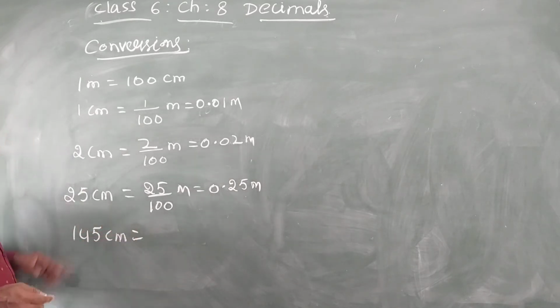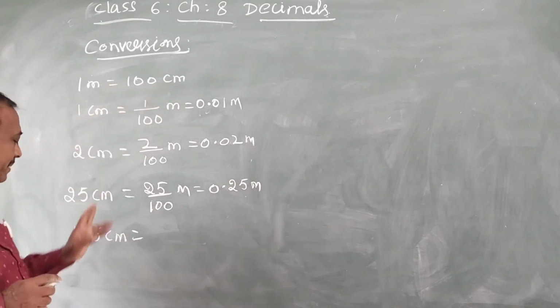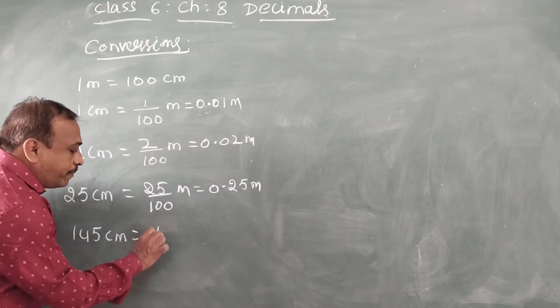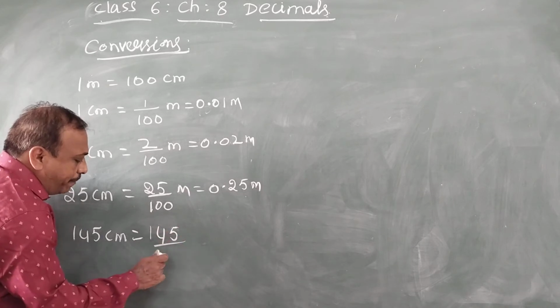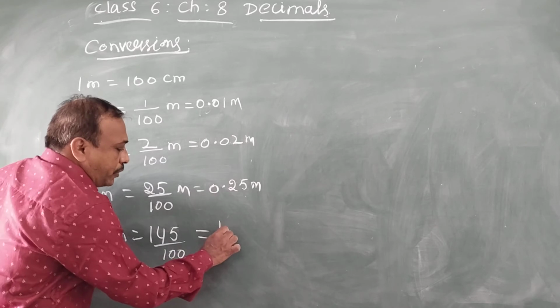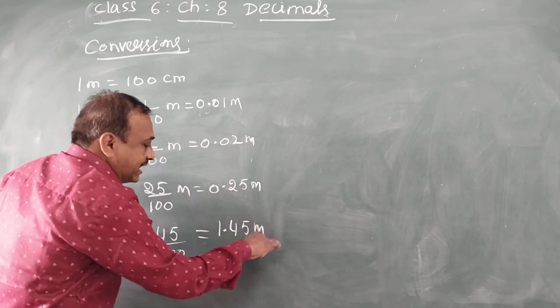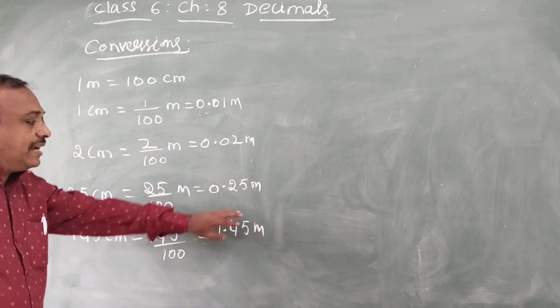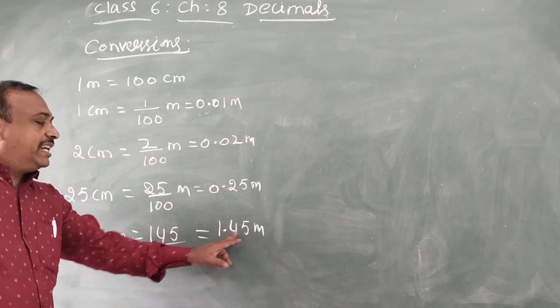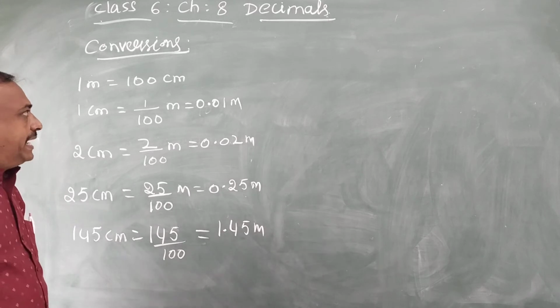Now you see, 1 meter is equal to 100 centimeters. 145 centimeters we write as 145 by 100, which could be written as 1.45 meters. That means 1 meter and 45 centimeters. Together we converted into 1.45 meters.